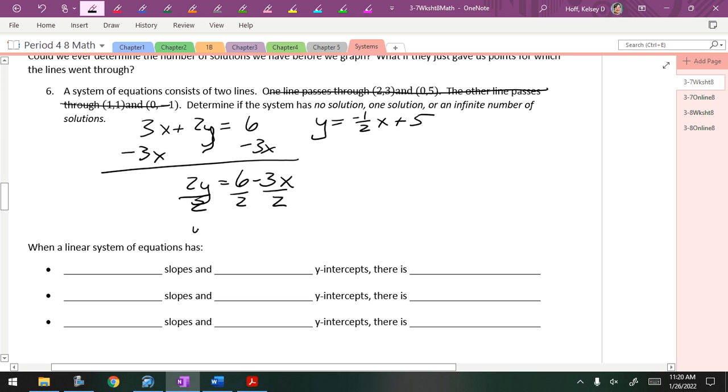So I really end up with y equals 3 minus 3/2 x. What's my slope? Careful. My slope is the one with the x. Negative 3 over 2. And my y-intercept is 3.